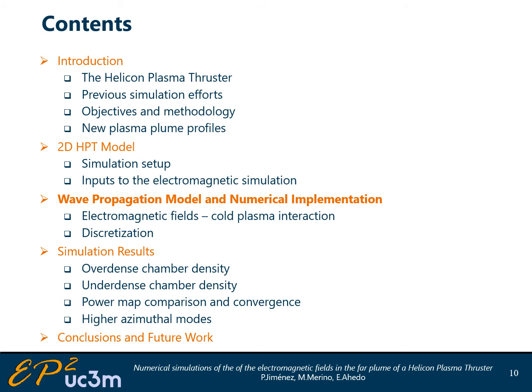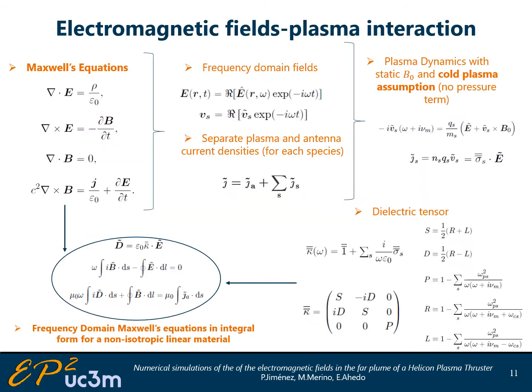So before continuing with the results, let's see very briefly our wave propagation model and the numerical implementation that we are using. Okay, very quickly, we start with Maxwell's equations, realizing that this current density term has to include both the antenna current and any plasma currents that we have.